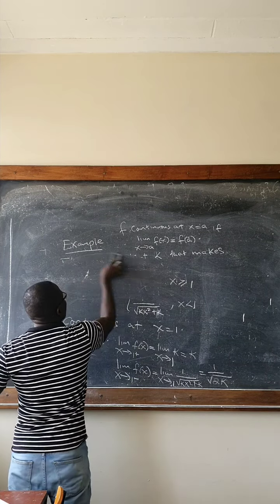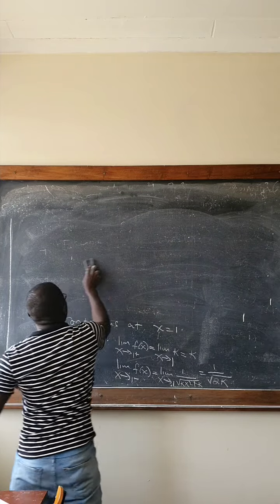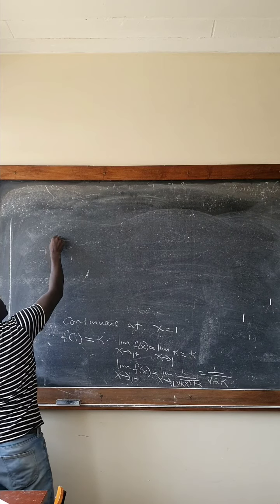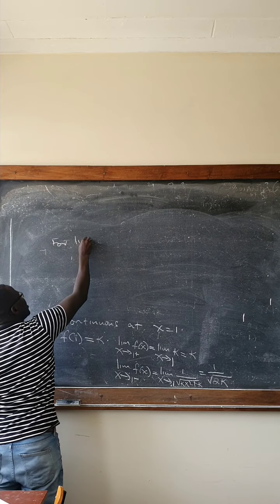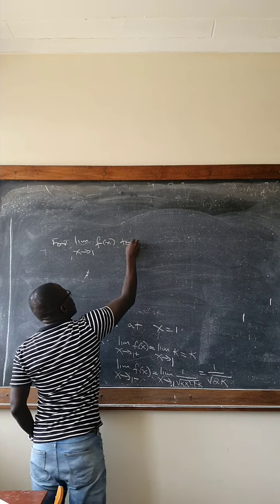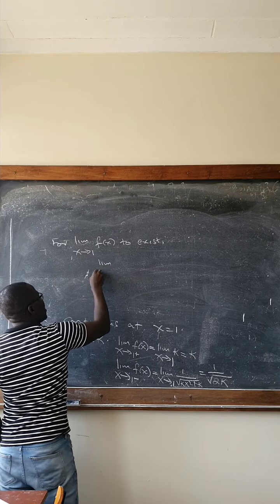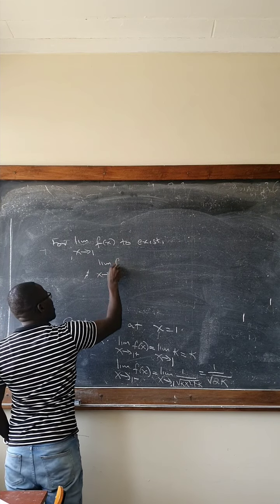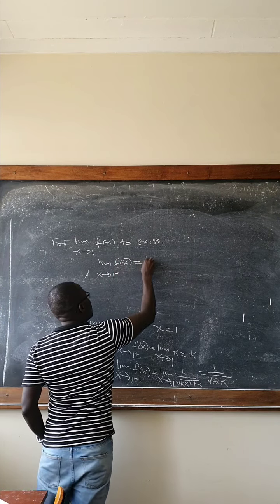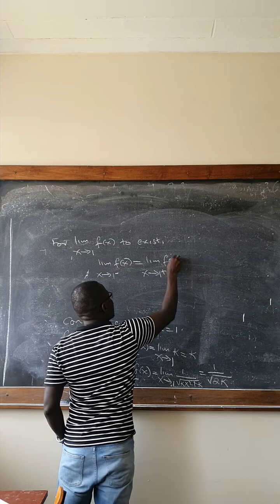So we saw that for the limit as x tends to 1 of f of x to exist, then the limit as x tends to 1 minus of f of x should be equal to the limit as x tends to 1 plus of f of x.